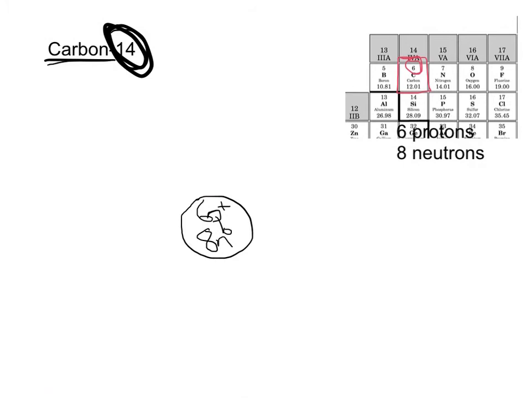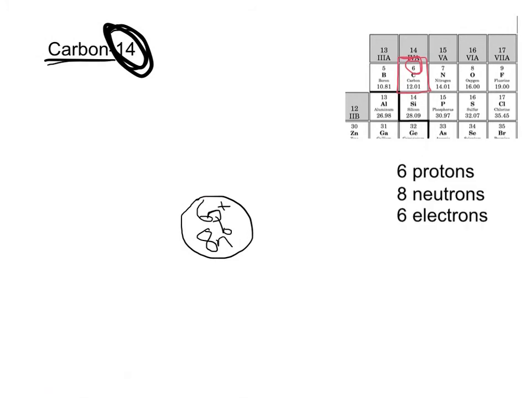Now that we have the nucleus, 6 protons and 8 neutrons, we need to find out how many electrons carbon-14 has. Now, we know that all atoms are neutral, which means that the number of protons must equal the number of electrons. So if carbon-14 has 6 protons, then it must have 6 electrons. Now that we know the number of electrons, we can start drawing our energy levels. First energy level.